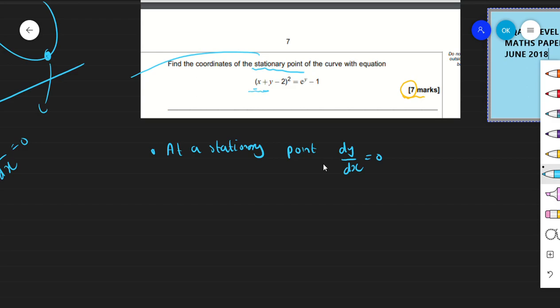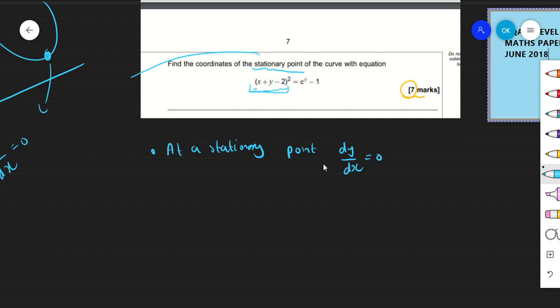Looking at the whole function on the left hand side, we should be thinking of the chain rule method in differentiation, and those are the two things that you should be aware of. So let's start by differentiating the left hand side first.